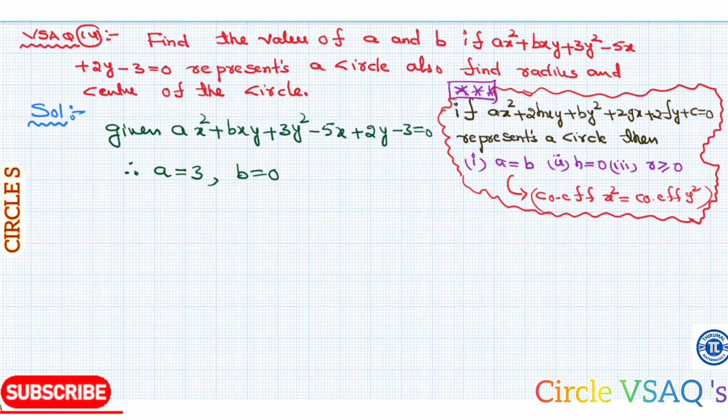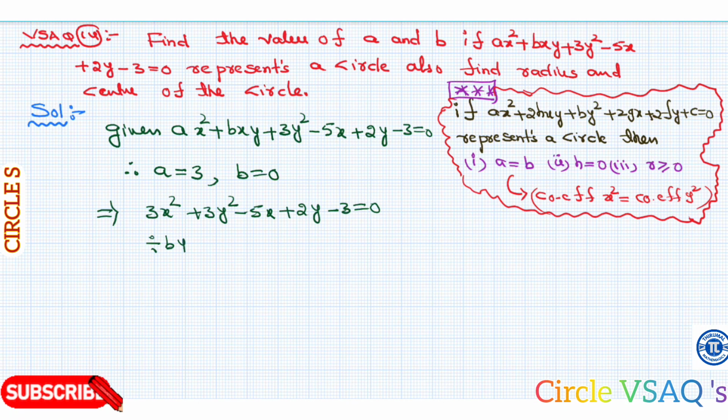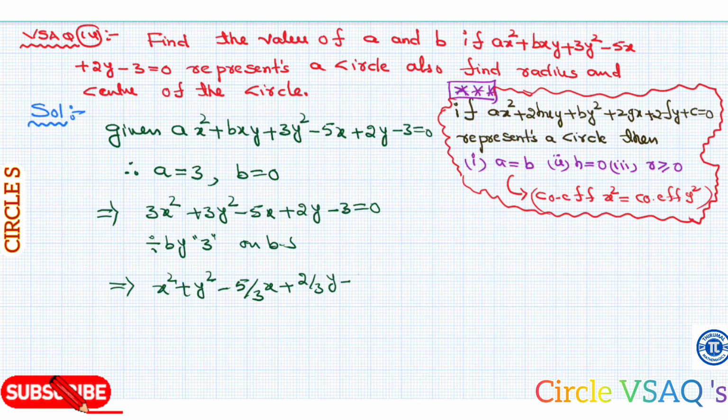Now substitute these values in the above equation, then we get the equation of the circle 3x² + 3y² − 5x + 2y − 3 = 0. Now divide the above equation by 3 on both sides, then we get x² + y² − (5/3)x + (2/3)y − 1 = 0. Here a = 3, b = 0.